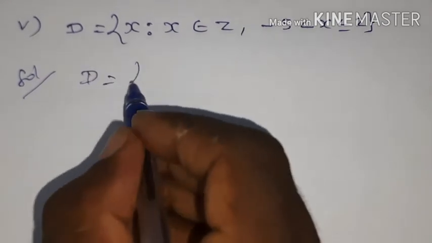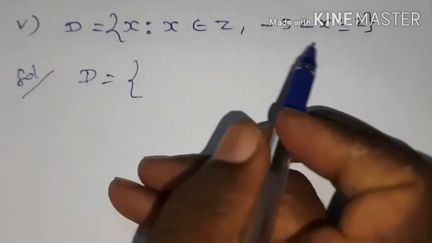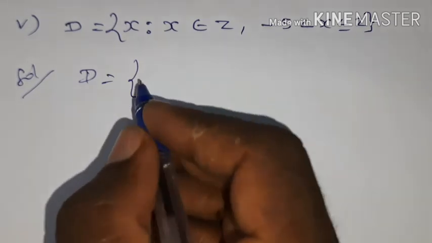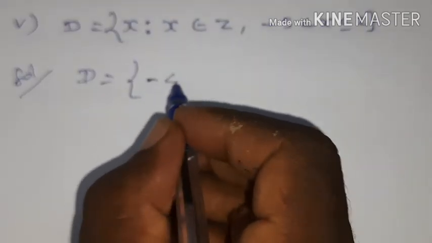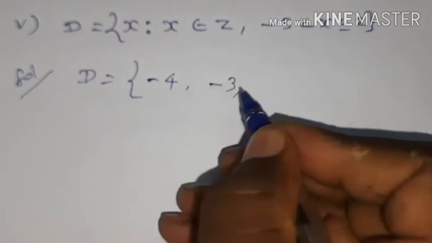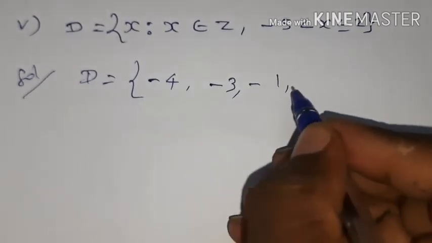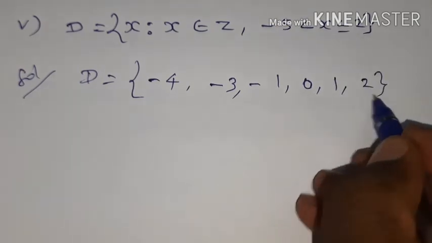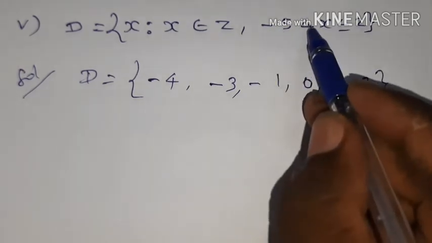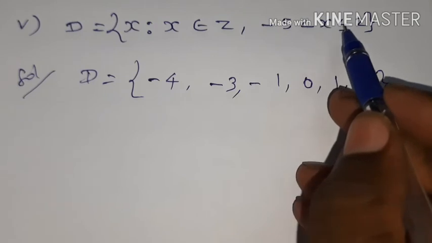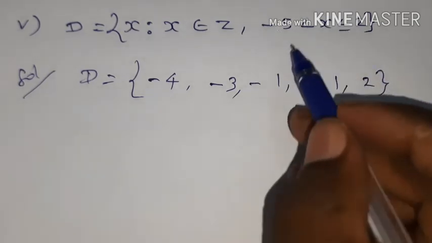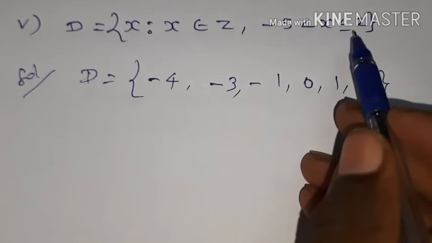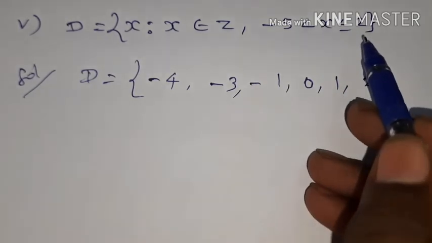So set D is equal to minus 4, minus 3, minus 2, minus 1, 0, 1, 2. Minus 5 less than x less than or equal to 2.